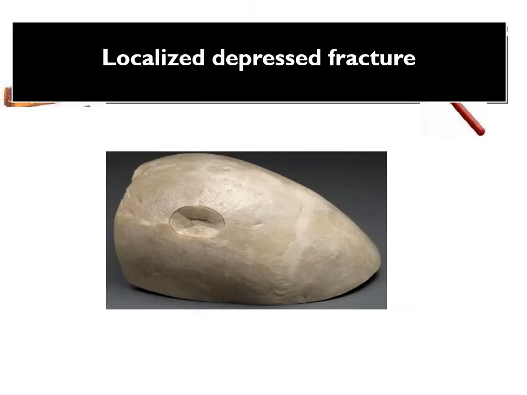This is a localized depressed fracture with low force, no comminution. The bone is present in its site, no comminution of bone, so it is a localized depressed fracture only, caused by low force of a localized striking surface area.